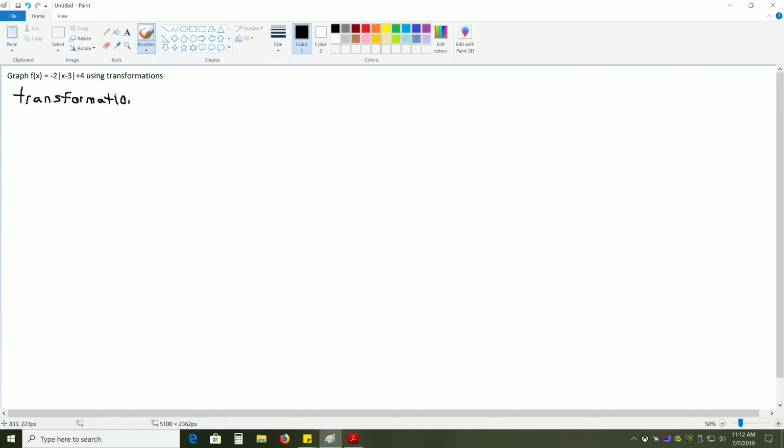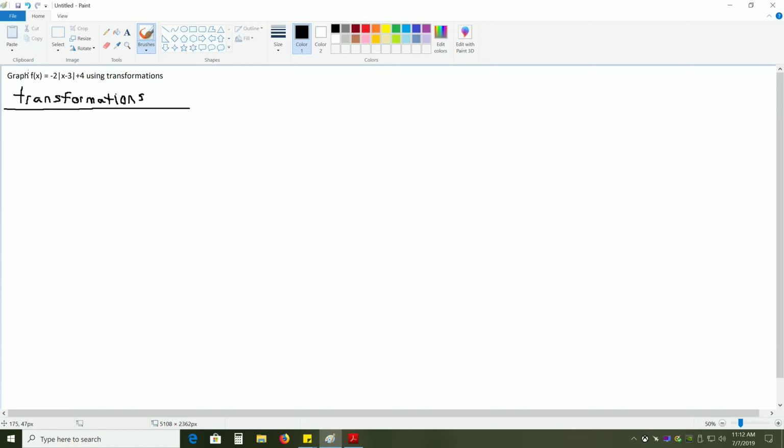And when you make your list of transformations, the first one that you should do is the parent or base function. The parent or base function is basically the most simplified form of the function you are given.